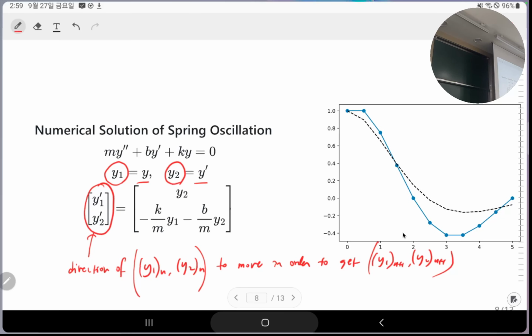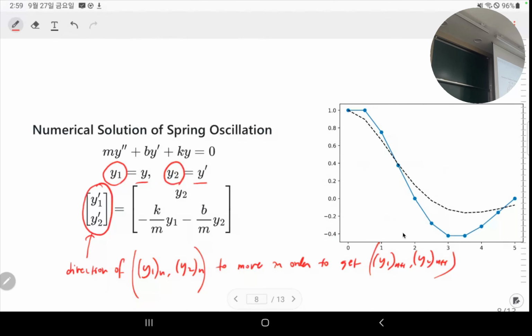So let's think about the formula here. So y1 is y, and y1 prime therefore is y prime. So we already set the y prime as y2, so that's here. And y2 prime is y double prime, and we have the explicit formula of y double prime from the original differential equation. It's here. So you can consider the formula of y1 prime and y2 prime as a function of t and y1 and y2.